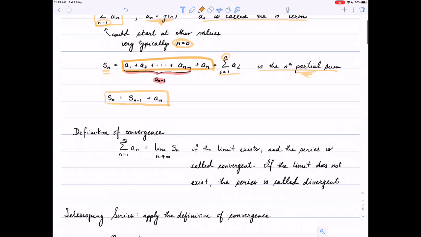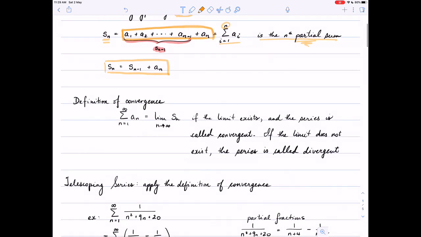Now the definition of convergence for a series was in terms of this partial sum. If we are adding up n terms and we let n go to infinity, then that is like adding up all the terms. So if this limit exists, and that's a big if, the series is called convergent, and the limit value is the series value.